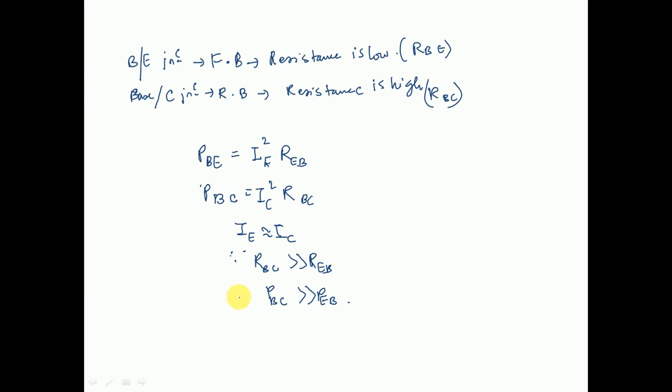That means the power dissipated in the base collector circuit is much higher than the power dissipated in the emitter base circuit. That means the output power is far greater than the input power.